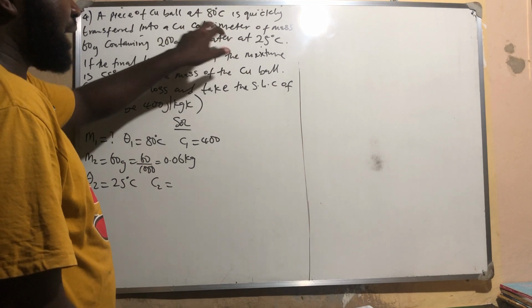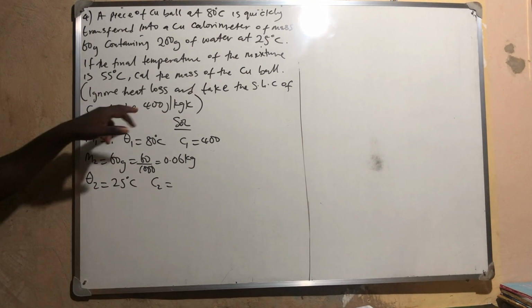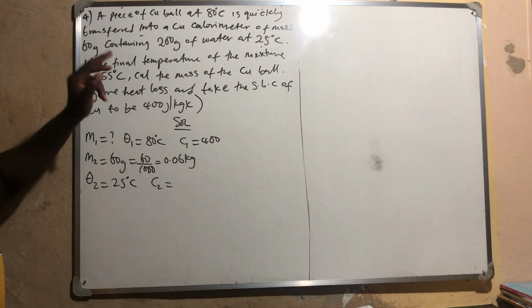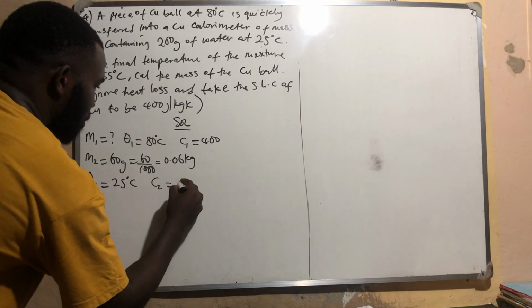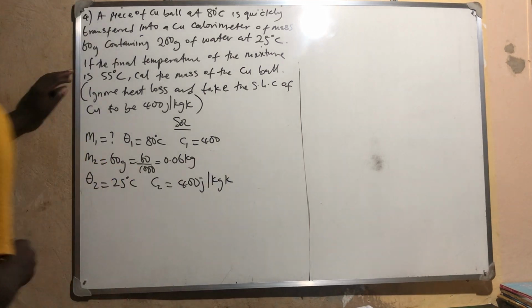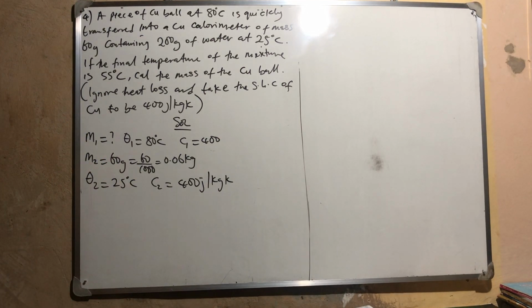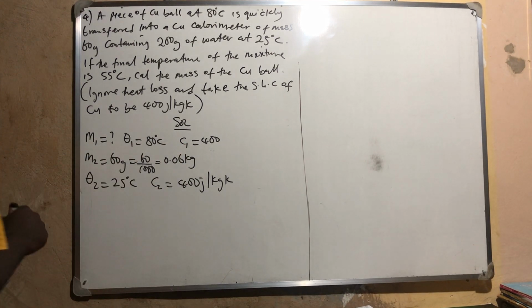So since the calorimeter is made with copper, its specific heat capacity is still the specific heat capacity of copper, 400 joule per kg per Kelvin. Is there another thing about 2? There are 3: 1, 2, 3. Let's go to the third one.